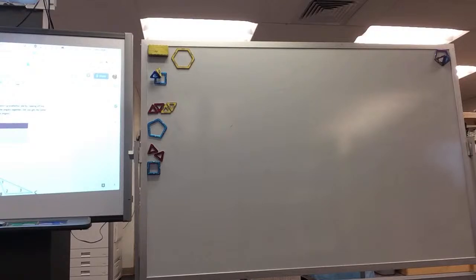So do you have all three vertices meeting at the same point? I don't see that there. I don't see all three vertices meeting at the same point. Here I see it. There I do not. I do. Yes. All three vertices have to meet at the same point.